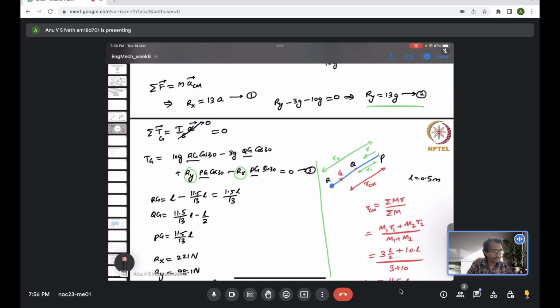So it's a single equation, you can solve for Rx from equation 3. Use that Rx in equation 1, divide by 13, and you'll get the acceleration from equation 1. So basically they are just solved.